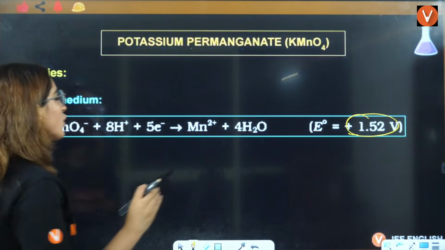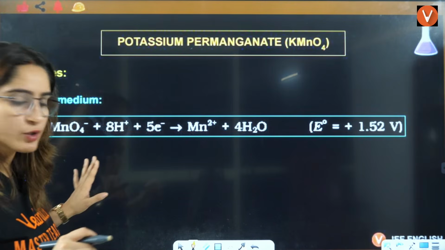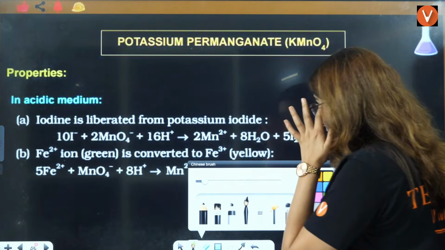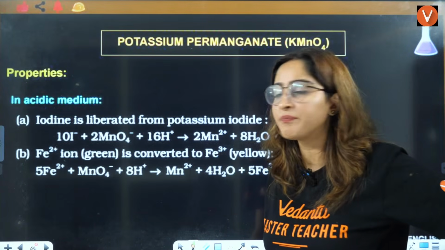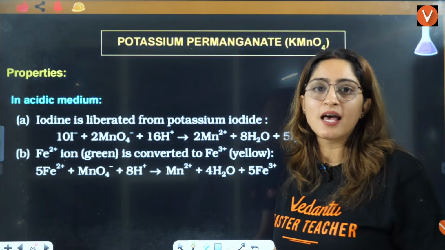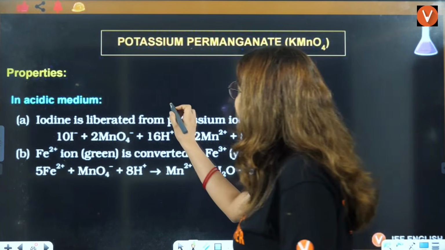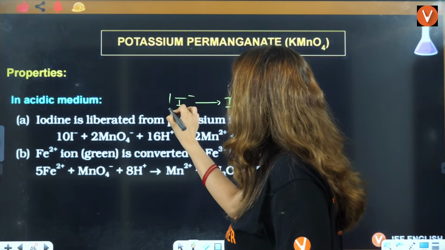Okay. Now, all you have to do is, in acidic medium, it is directly converted to Mn2 positive. In acidic medium, it will oxidize everything that is there. Whosoever comes, it will oxidize it, right? But the beauty is that in acidic medium, I negative is the exception, oxidized to I2.